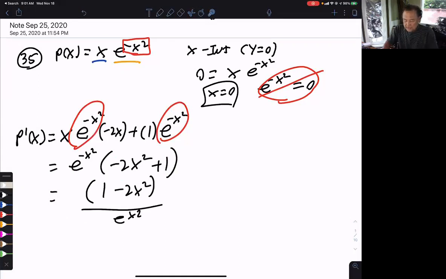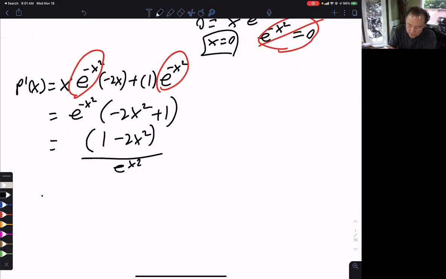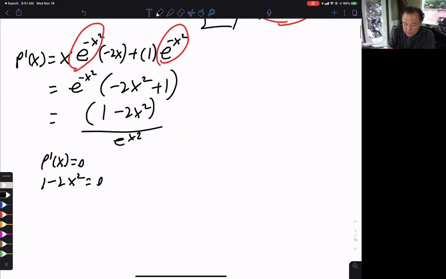So let's use this to find relative max mins, increasing, decreasing regions. So the first question is, when is the derivative equal to 0? That happens when the numerator equals 0. So I'm going to solve for x. If I do that, I'll get x squared equals 1/2. So I subtract 1, divide by -2, I get 1/2.